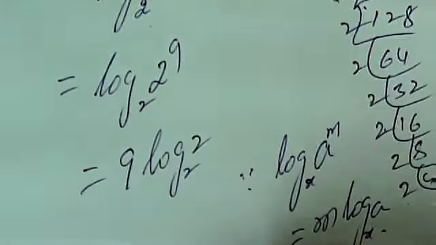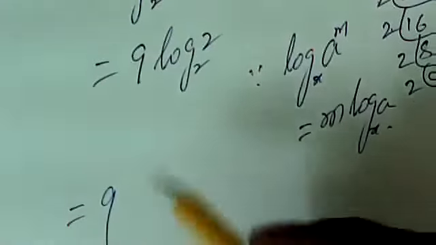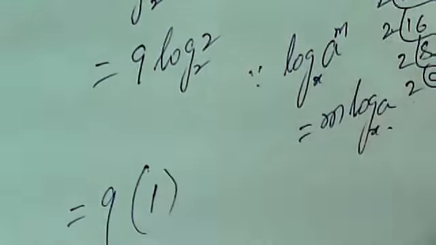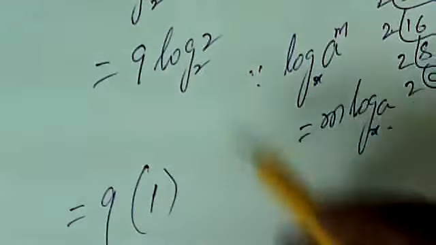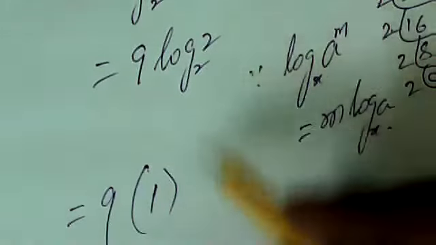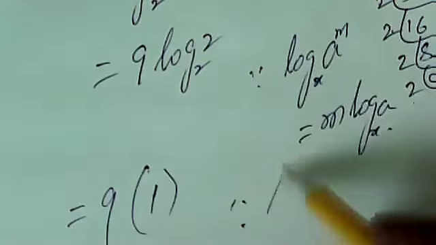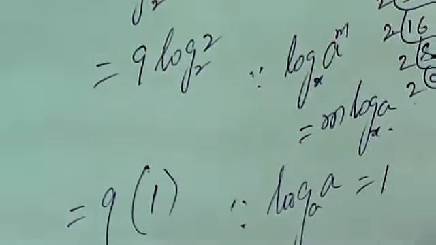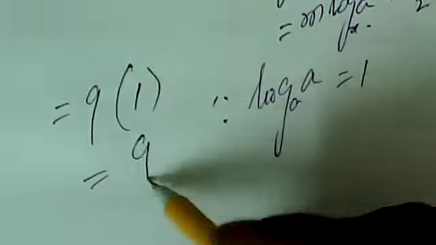Now this equals 9 into 1, since log of a number to the same base is 1. Log a to base a is 1. So hence the answer is 9.